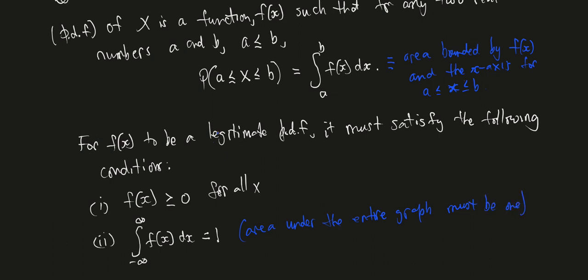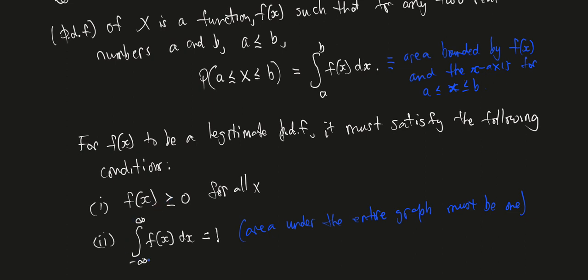We know what it means for a function to be positive. When you think of the graph of a positive function, it always lies above the horizontal axis, the greater than or equal to meaning that it could touch. But for the most part, it's going to be above the horizontal axis.